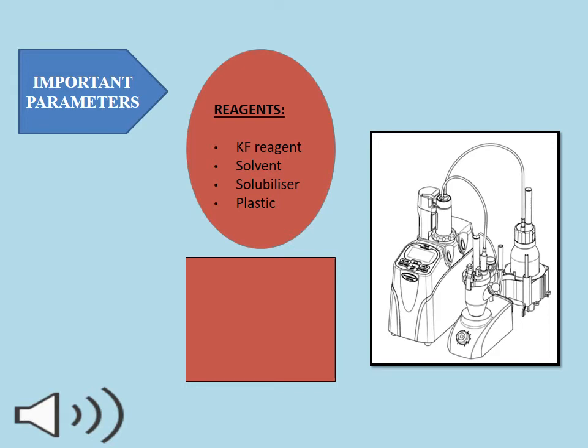Some substances can be easily analyzed through different solvents depending upon the type, whereas most samples of plastic require the addition of solubilizers. Why are solubilizers used? Because they avoid the precipitation of the sample in the KF solution. So basically now the reagents include the KF reagent, the solubilizers, the solvent, and then the plastic, that is the sample to be analyzed.